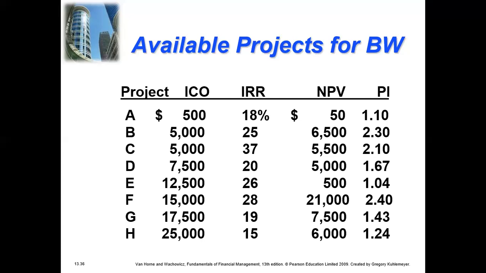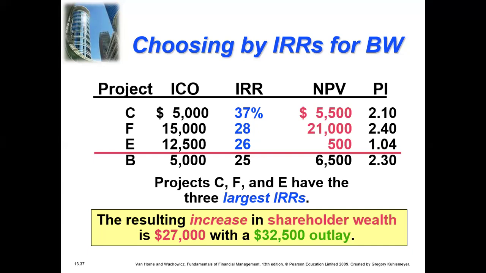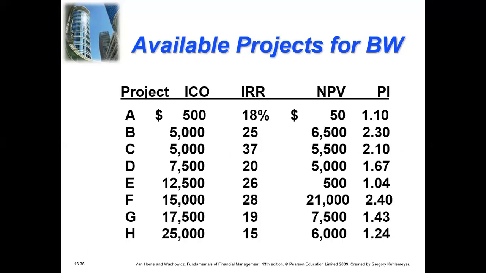Now we will see what we get if we make investment in these 3 projects. You can see on the screen project C, project F, and project E. 32,500 total investment. IRR maximum 37%, 28, 26. But if we also take the NPV, net present value, of these 3 projects from the same question, you can see project C 5,500, project F 21,000, project E 500.